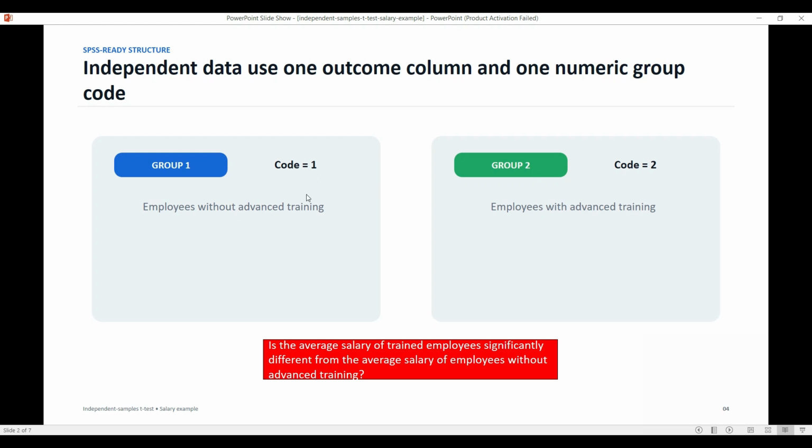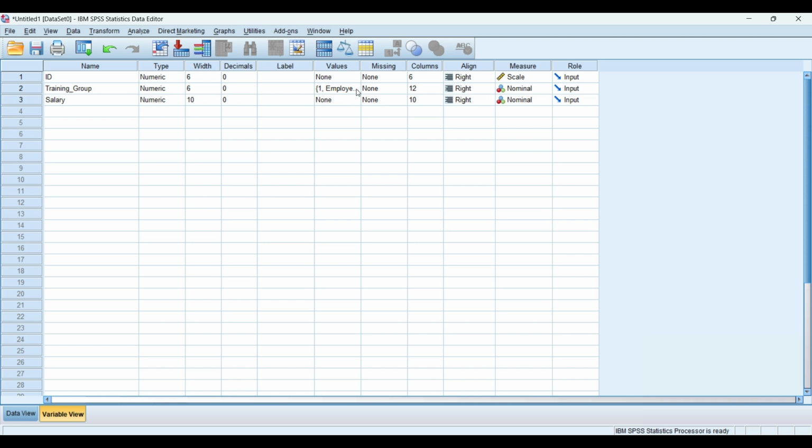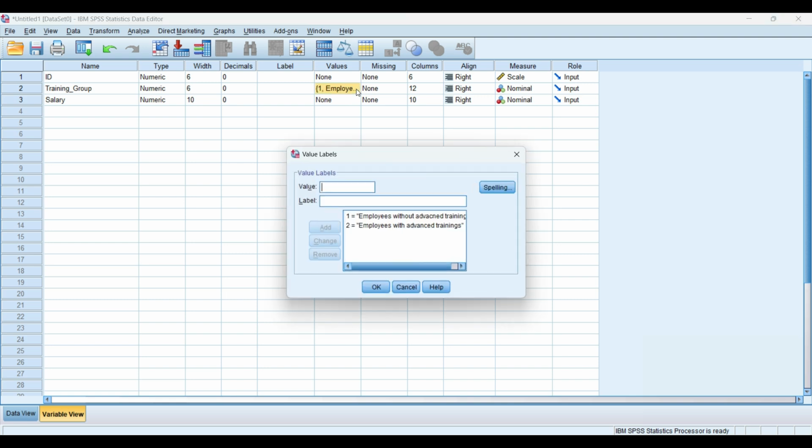So we coded 1 as without training and 2 as with advanced training. You can see here in my SPSS file, we have training group 1 and 2. So we put the values in training group to show that there are two groups.